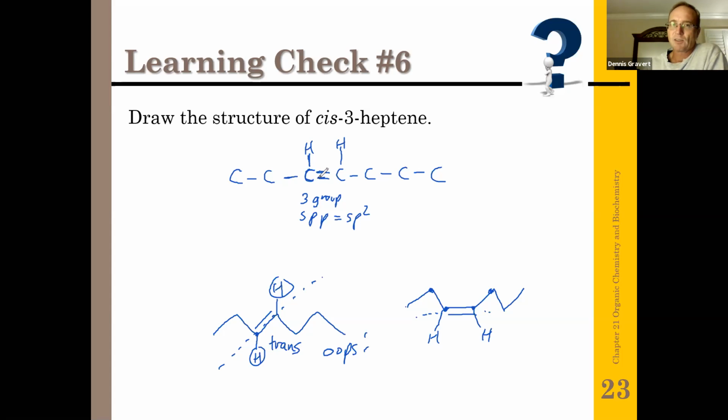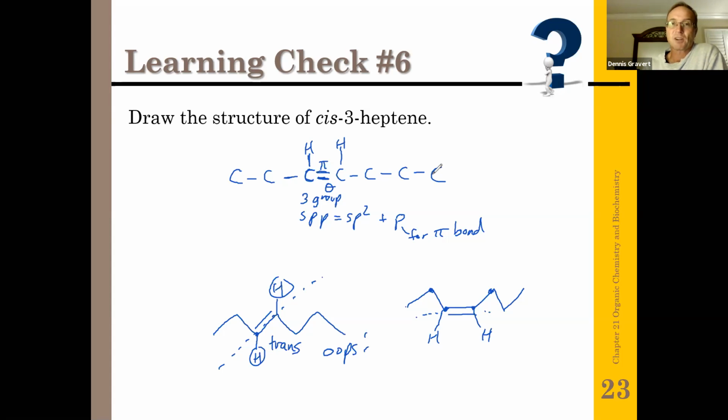To be technical, one of these is the sigma bond, using the sp2 hybridized orbital. The other one's going to be a pi bond. sp2 means there's still one p orbital, and that's for the pi bond. Hopefully you remember that from general chemistry. We're going to use this again in organic.